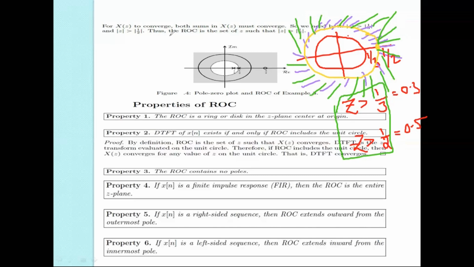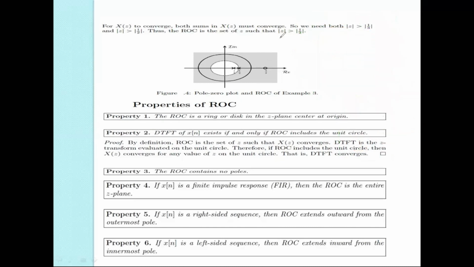So what is the ROC? Thus the ROC is the set of z in the shaded area here, but I am not taking the 1/3, only outside the 1/2 circle. Thus the ROC is the set of z such that |z| is greater than 1/2, because there is an overlap.